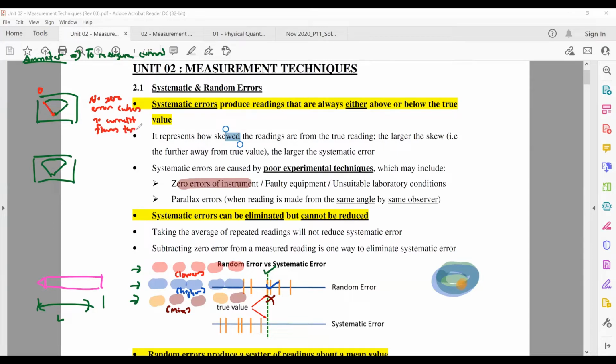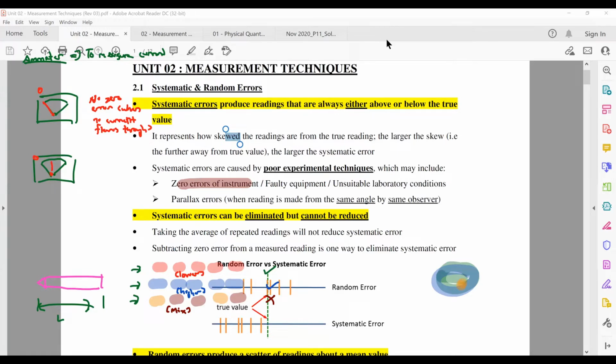It could be that your ammeter was disconnected from your circuit, so there's no current here. By right, you should see your needle go back to zero. If you have zero error, what you will see is this. Rather than going back to zero, your needle stays somewhere around here, not at the zero value.